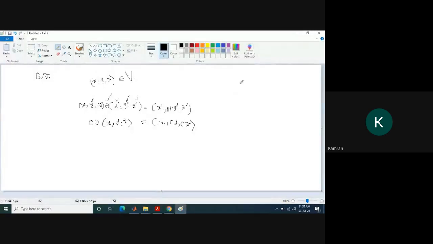Next we have to verify condition A. Condition A is that U plus V must be equal to V plus U, that this set must be commutative with respect to this operation.